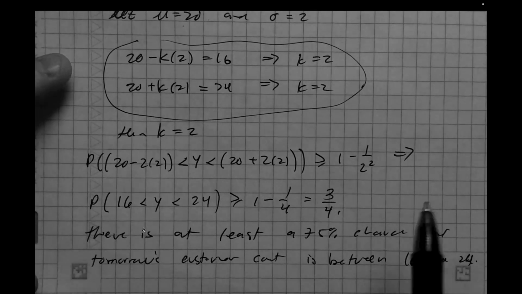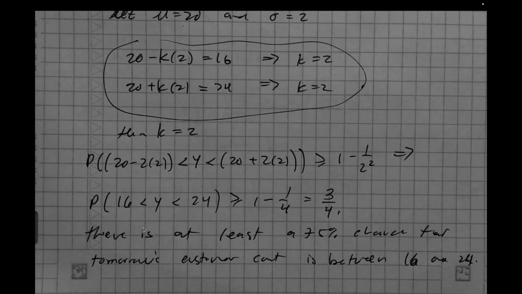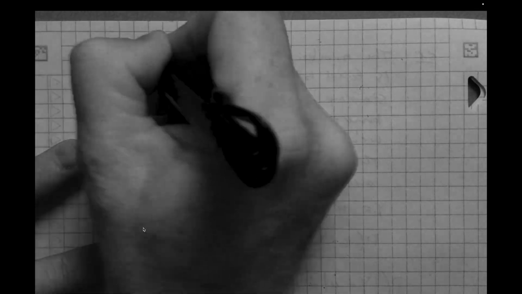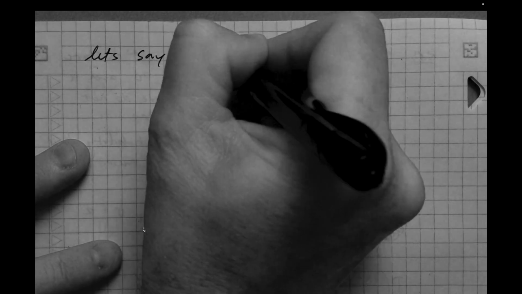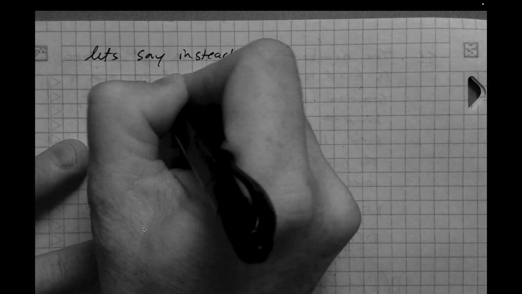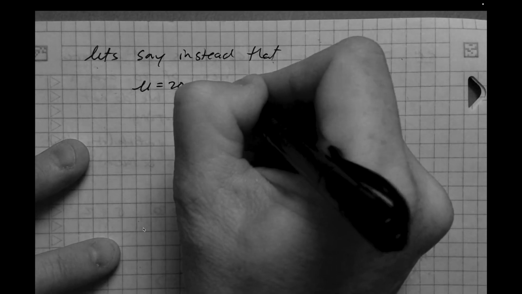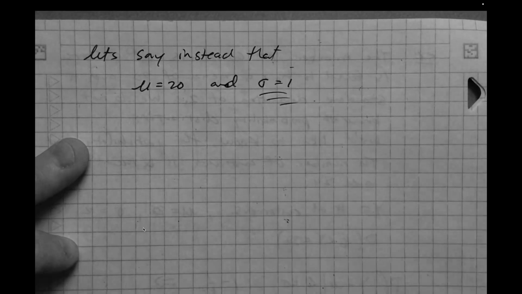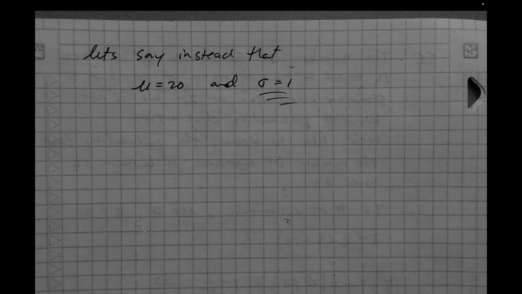Now remember, we said that really the idea here is that if sigma is small, then the random variable is not likely to be very far away from the mean. That's intuitive, right? Let's see what happens when we reduce the standard deviation in this case. So let's say instead that mu is 20 and sigma is 1, reducing the standard deviation from 2 down to just 1.